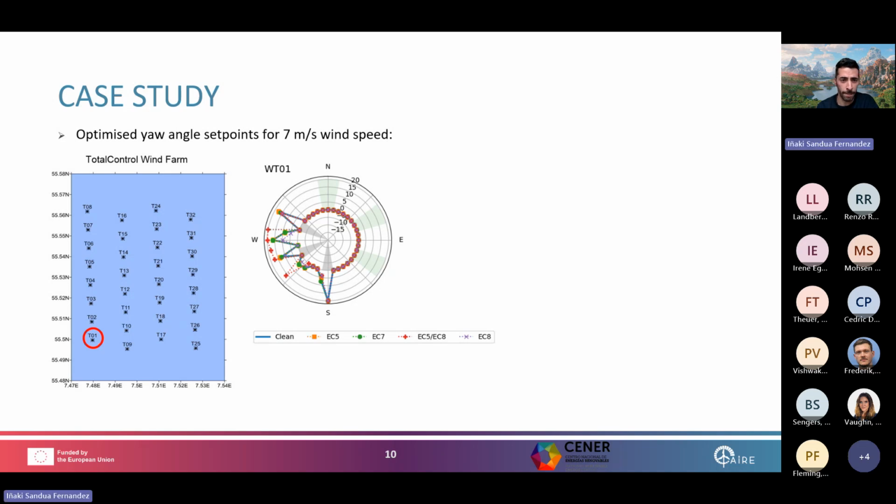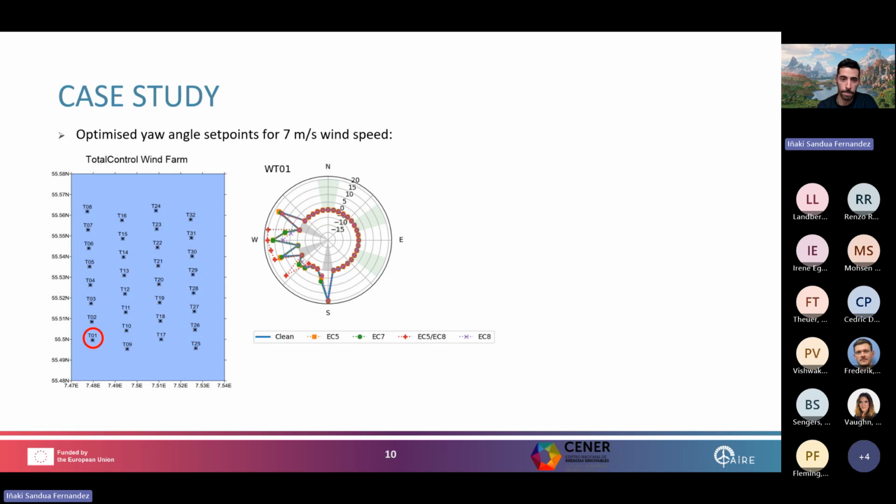In this case, for some of the wind directions, the yaw angles take higher values than for the rest of the configurations. And this might happen because downstream there are less eroded wind turbines. So less eroded wind turbines can produce more power.